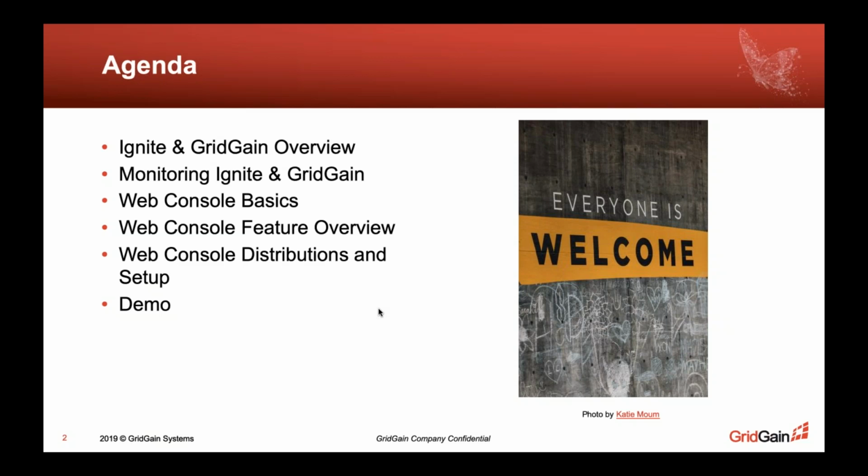We'll talk about some of the key qualities that we would expect when we need to monitor a distributed system like Apache Ignite. And then we'll get into the basics of the Web Console architecture, its core features, and then basically how it's distributed, installed, set up, and then we'll get into a demo. And then at the end, we'll do some Q&A and provide you with some additional resources.